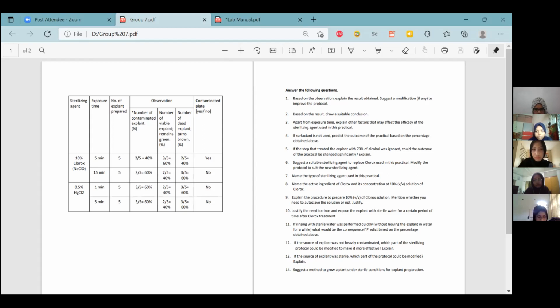So for question 1, based on the observation, explain the result obtained, which I already explained a bit, and suggest a modification to improve the protocol.